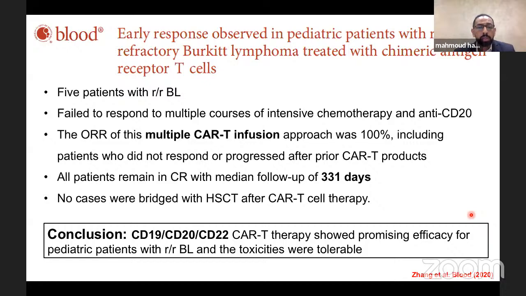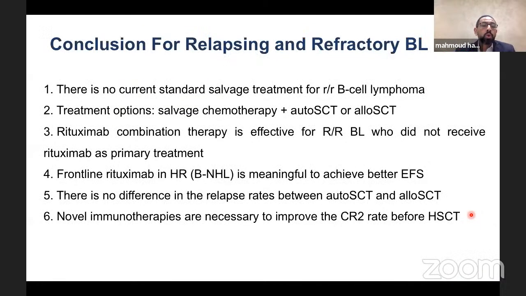with tolerable toxicity. So in conclusion, there is no current standard salvage treatment for relapsing and refractory Burkitt's cell lymphoma. The treatment options include salvage chemotherapy, and autologous and allogeneic stem cell transplant. Rituximab combination therapy is effective in relapsing and refractory Burkitt's lymphoma patients who didn't receive rituximab as a primary treatment.